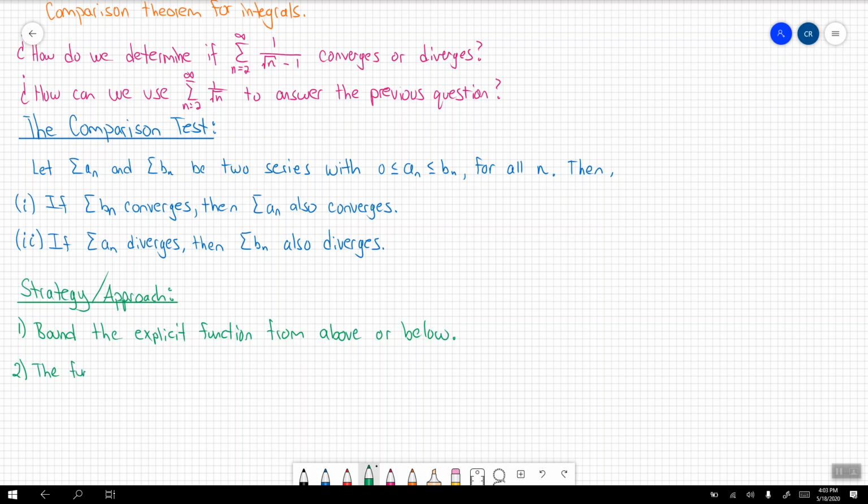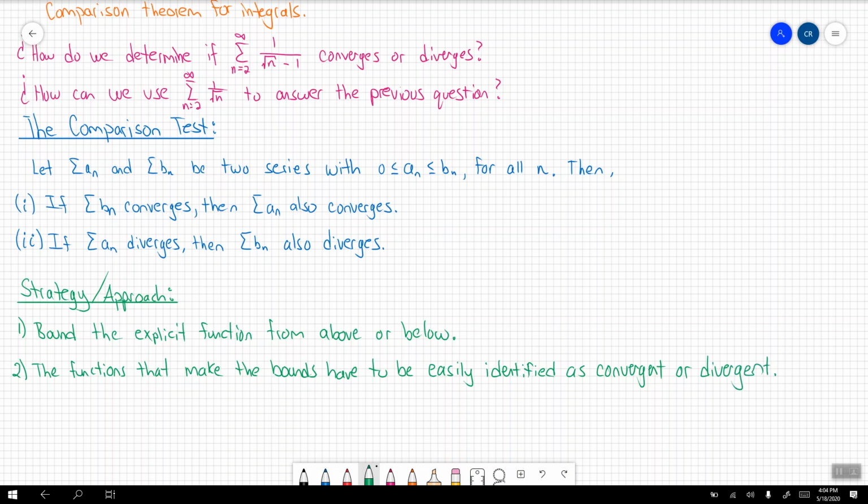Once we do that, secondly, the functions that make the bounds have to be easily identified as convergent or divergent.